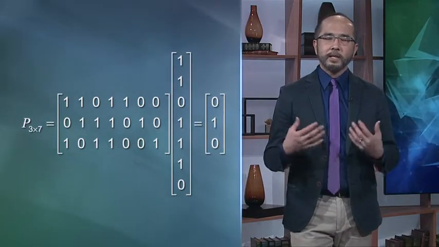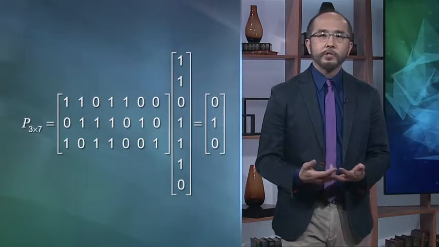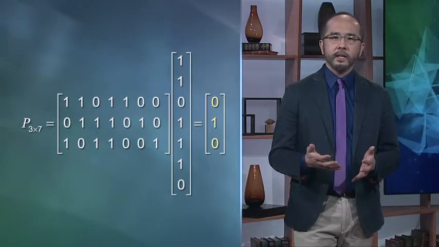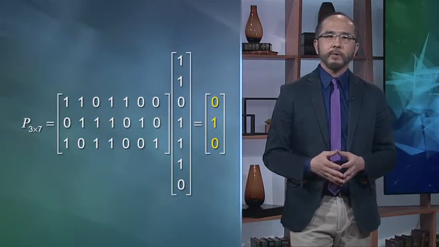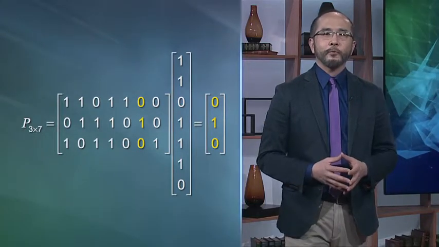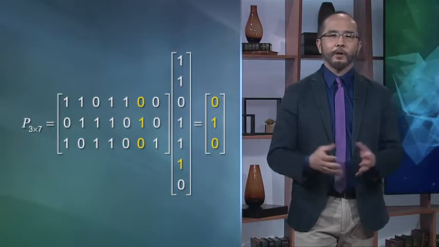The fact that this is not the 0 vector means there was an error. And now we just check which of the 7 columns of P is 0, 1, 0. And we see it's the 6th column. So the problem is with the 6th entry of the code word.